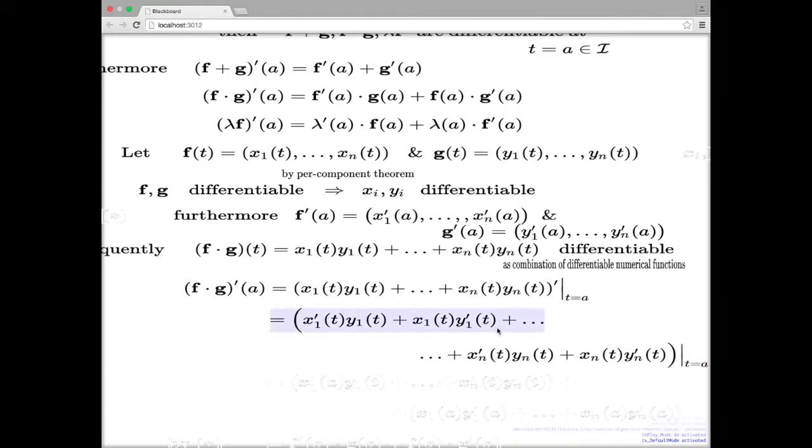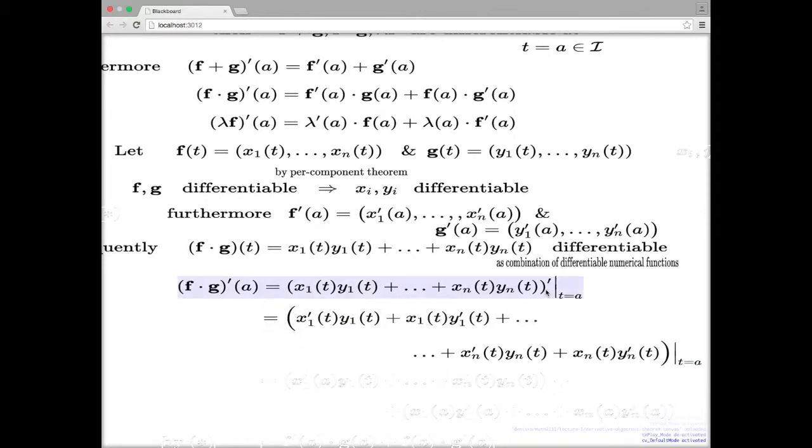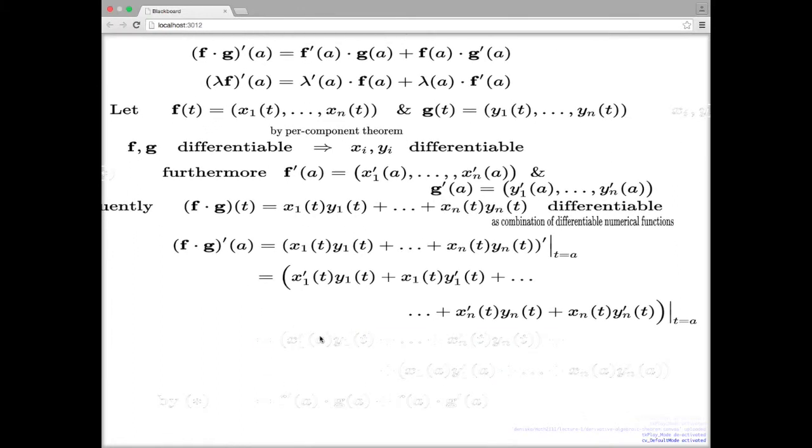I drag my dash to the first term and differentiate that. Derivative of the first times the second, first times the derivative of the second. And then the same for all of the components hidden by the dots, and for the last component, that's how the expansion will be. If you now rearrange it a little bit, combining all first ones together and all second ones together, here it is.